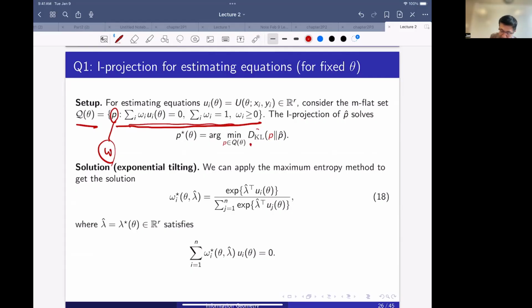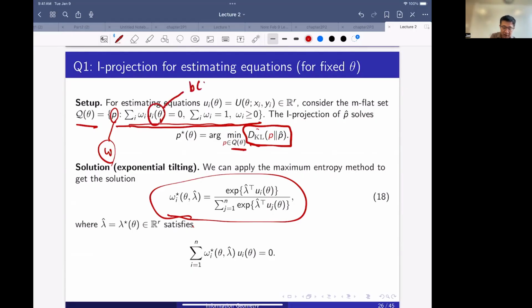Then apply I projection over this space. In that case, we know the answer already, right? This is the exponential tilt that we learned. It's just the same as the p x i previously. Now we change it to u i zeta. That's the only difference. Everything else is the same, right?